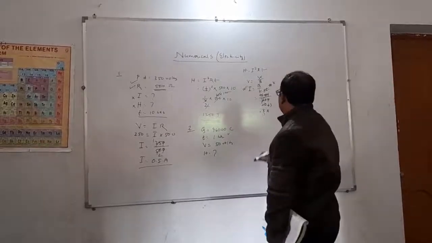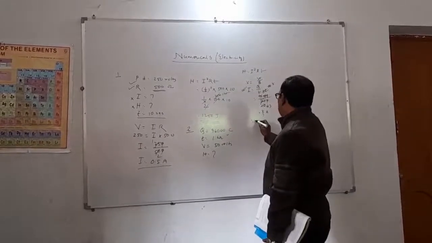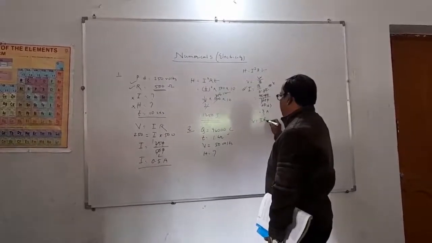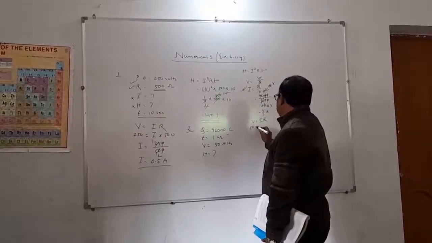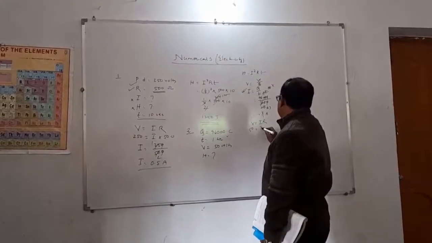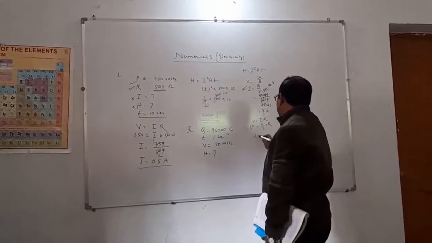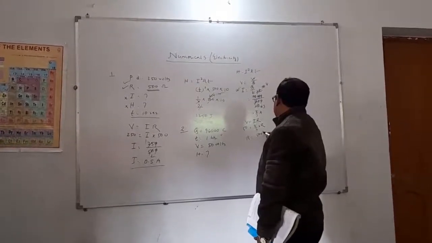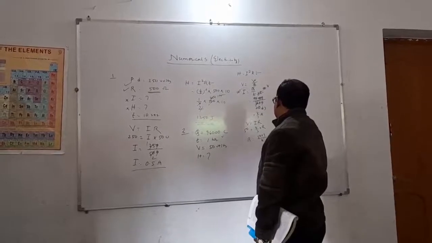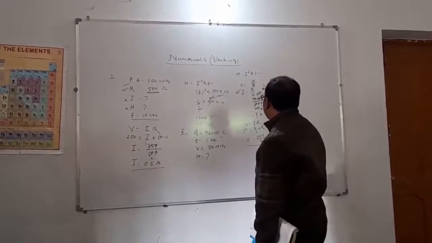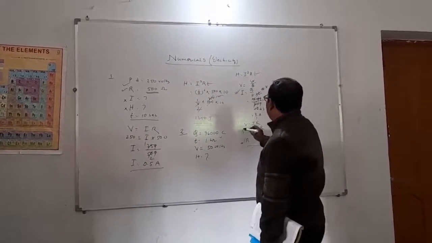Now V is equal to IR. V is given 50, and I is 8 by 3 into R. So R is equal to 50 into 3 by 8. This is R. So we get I and R.